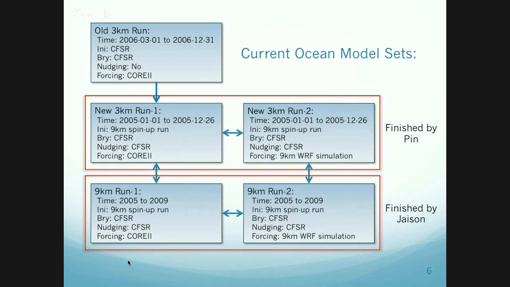Also the initial condition is different. This comes from CFSR, and the new run is from the 9-kilometer spin-up, so the field already has a very good spin-up. In the old run, we didn't do nudging, and for the new runs, we do nudging using the CFSR data.